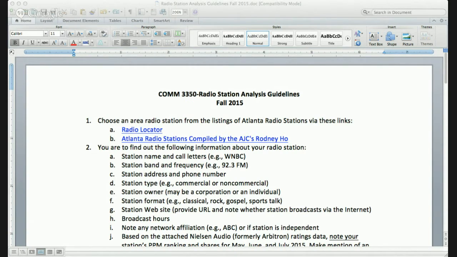Briefly, commercial stations are typically those that have advertisements. Advertisements, of course, are a staple of broadcast radio, and they oftentimes are abundant because that's what pays the bills. The advertiser revenue is what pays the station employees and helps the station continue to run.